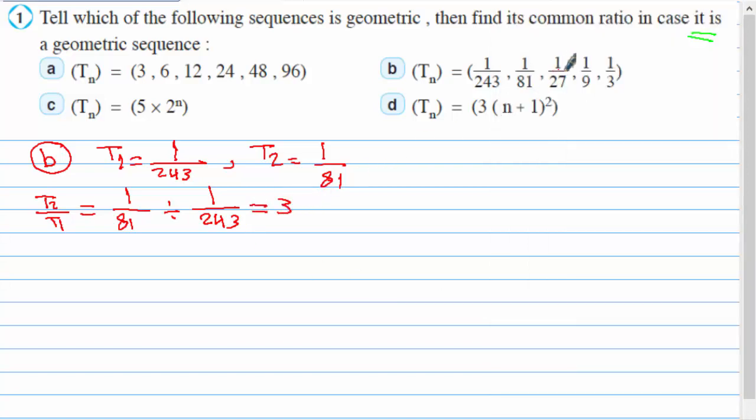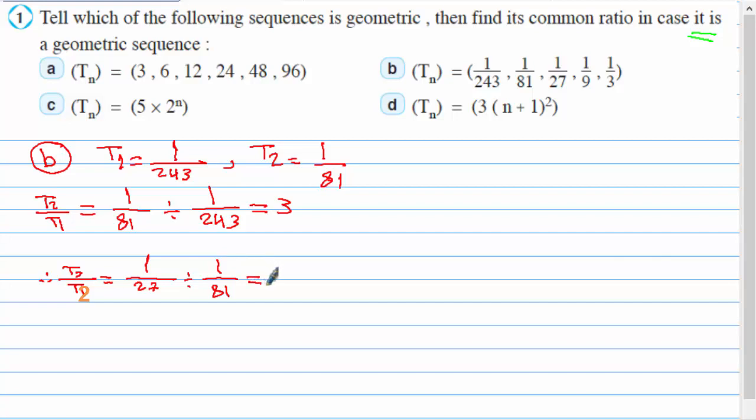Okay, here we have T3. I will divide it by T2. So T3 divided by T2 equals, what is the value of T3? It is 1 over 27 divided by 1 over 81.